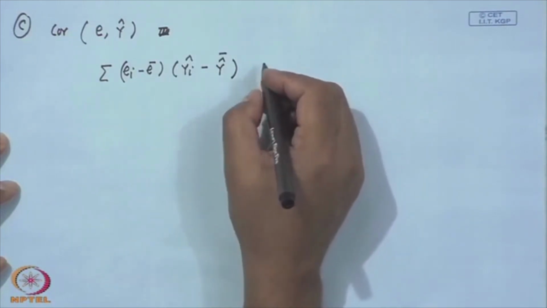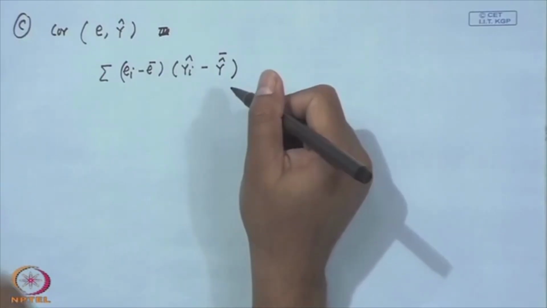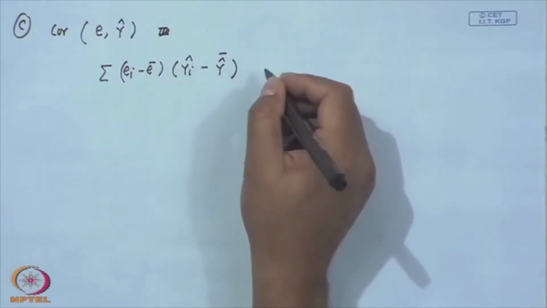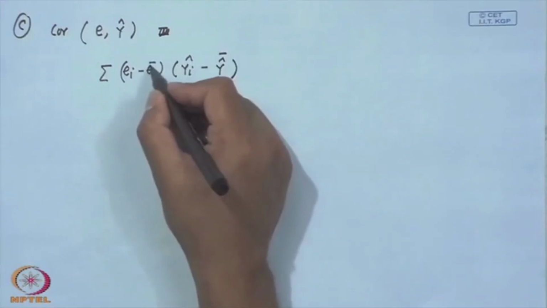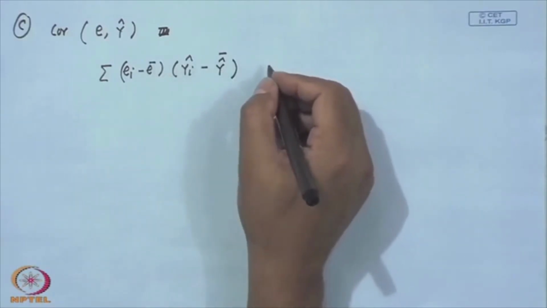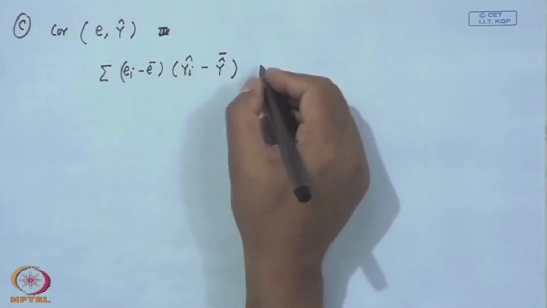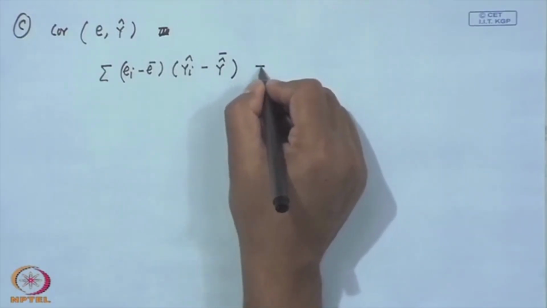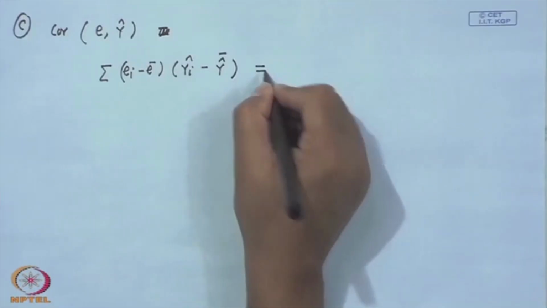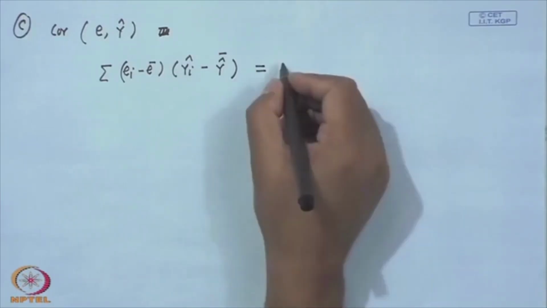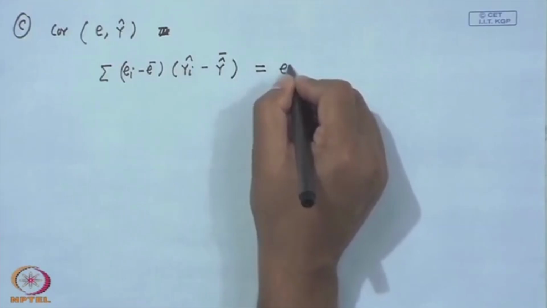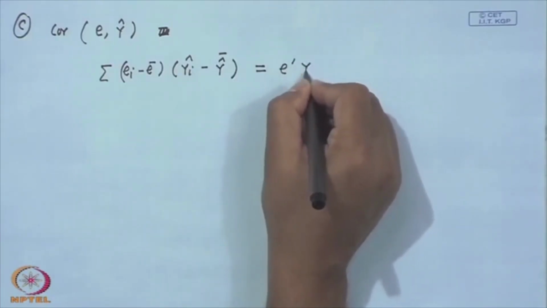Well, now E bar is equal to 0. So, this can be written as E prime y hat.